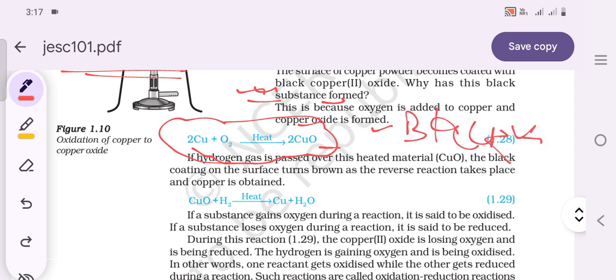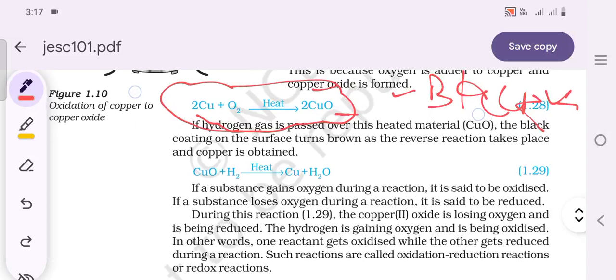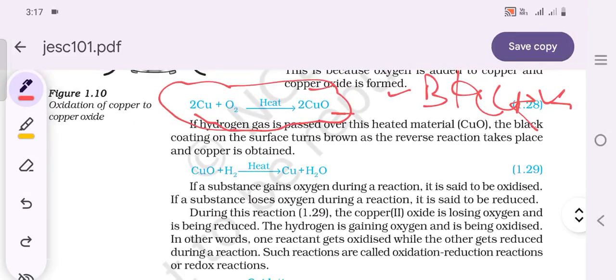For reduction of copper oxide, we pass hydrogen over hot copper oxide, which removes the oxygen and converts it back to copper. So copper oxide plus hydrogen gives copper plus water.